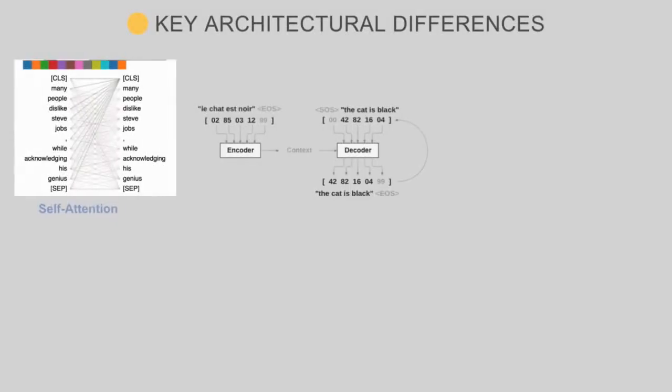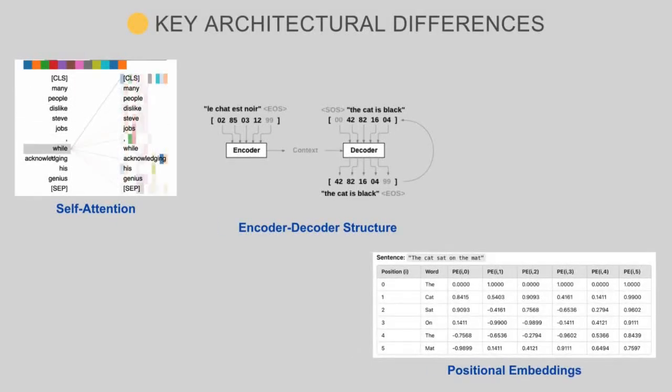So what are the key architectural differences in transformers? So the first idea is self-attention. The core of a transformer is the self-attention mechanism, where each token computes a weighted sum of all other tokens based on relevance. So this allows the model to learn relationships between all input tokens.